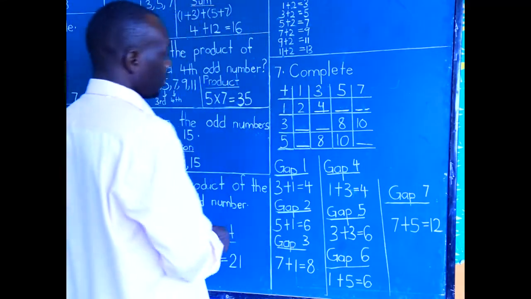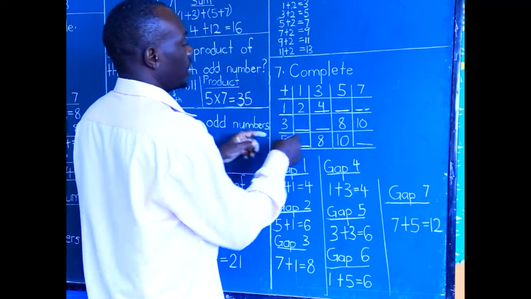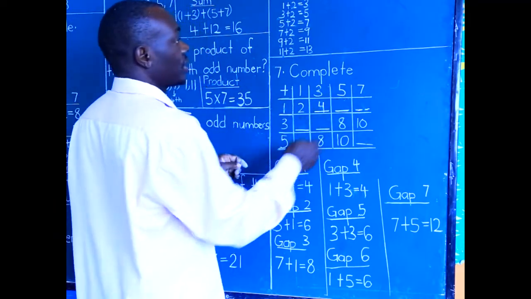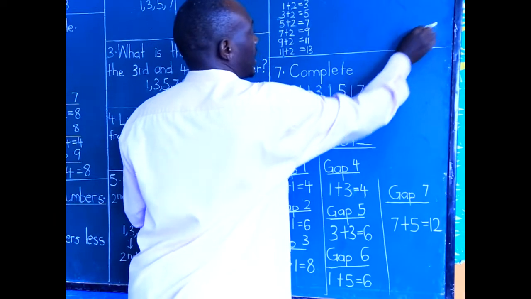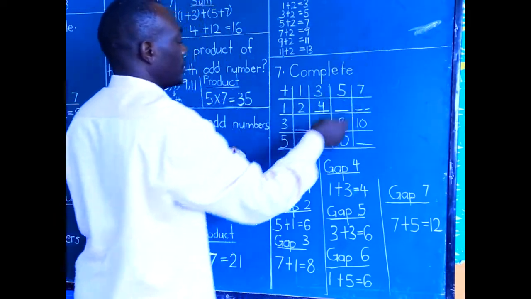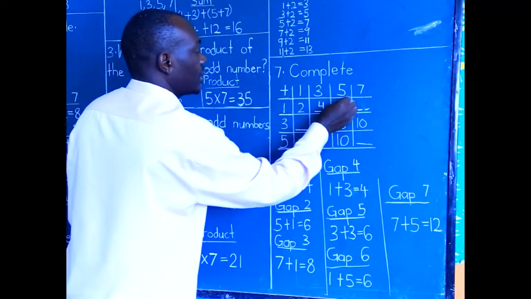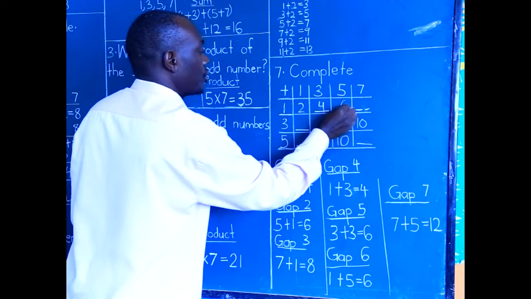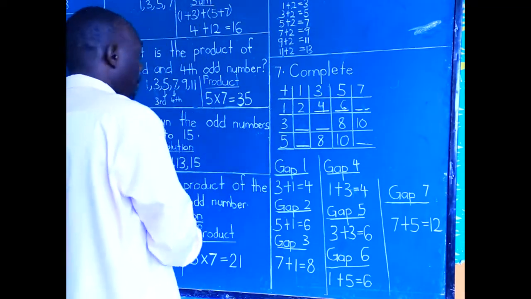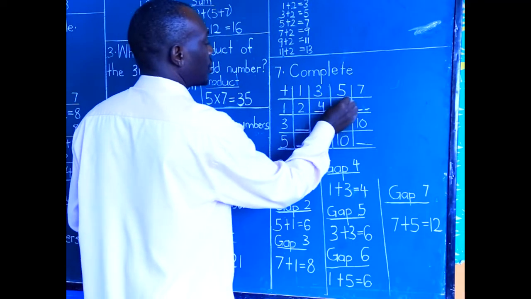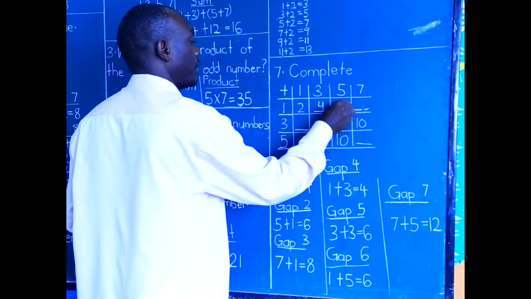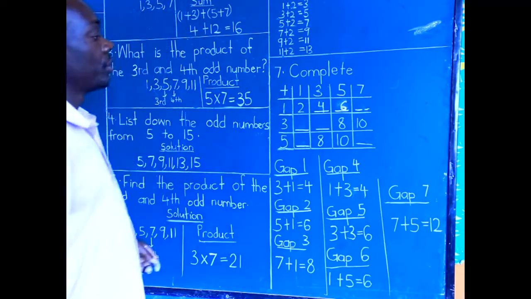Which 6 you are supposed to write in here. Write a 6 properly and then continue. So write our 6 in gap number 2, and that's all.